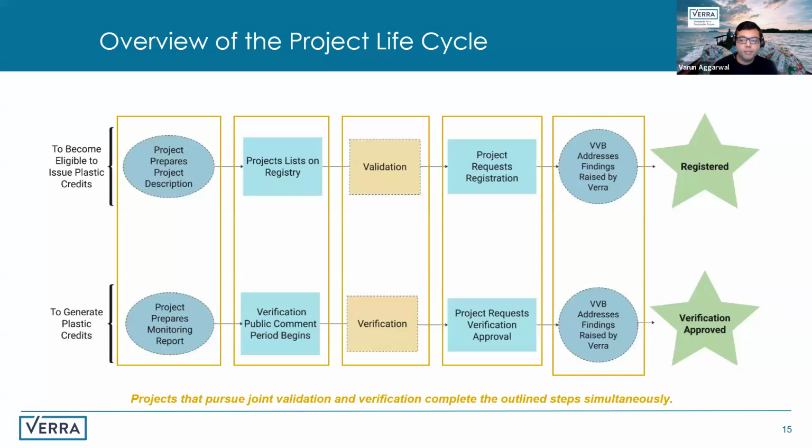Now, these projects can complete the steps for registration and verification simultaneously, beginning with preparation of a joint project description and monitoring report, opening up of one public comment period, followed by joint validation and verification, and then requesting the registration and verification approval together. Once the registration and verification approval are approved, these projects can generate plastic credits.